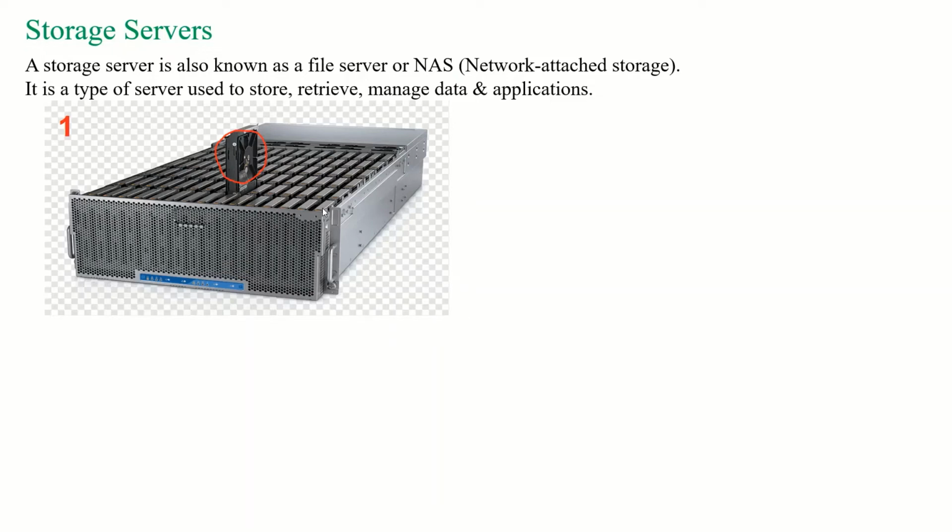If you count from left to right, there are 15 hard disks placed one next to each other. You can see number 1, 2, 3, 4, like that, 15 into 6 rows. That is 90 hard disks placed in this one storage rack.